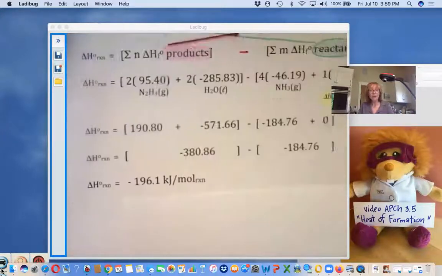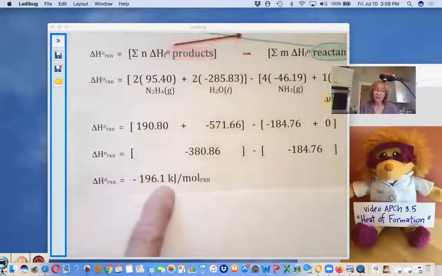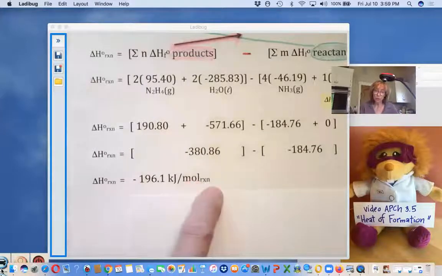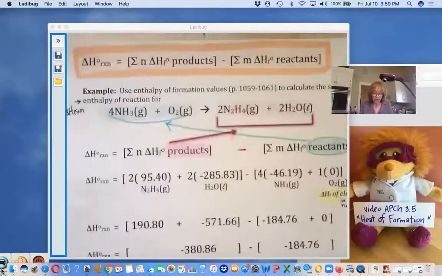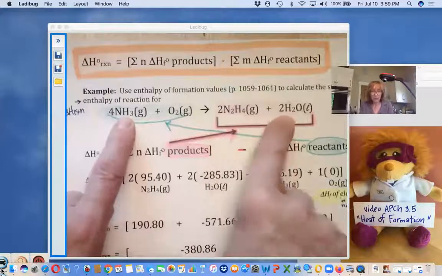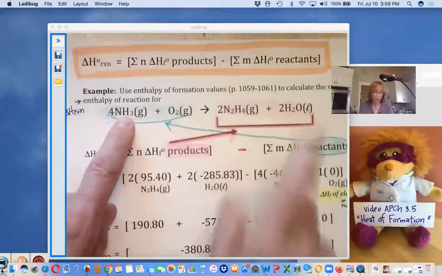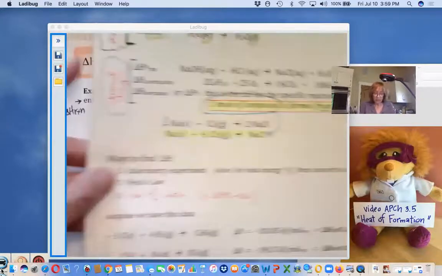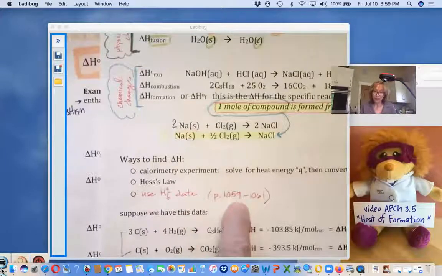And my final answer is negative 196.1 kilojoules per mole reaction. That is the heat of reaction, the enthalpy of reaction for this equation. Solved not by doing a calorimetry experiment and not by using Hess's law, but simply by using heat of formation data that's tabulated in the back of your book.